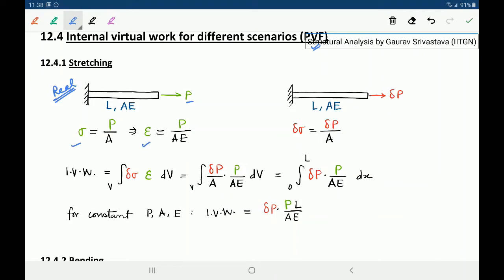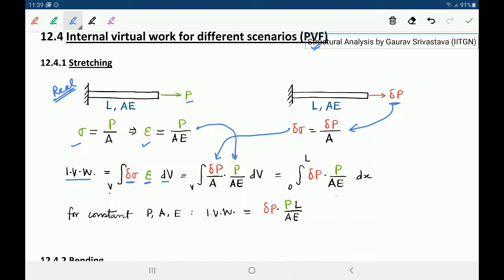If we are trying to use the principle of virtual forces, we will apply a virtual force, say delta P, which will give rise to a virtual stress, which is delta P by A. Now when we write internal virtual work, we will have the volume integral of the virtual stress times the real strain dV. The virtual stress comes from here, and the real strain comes from here.